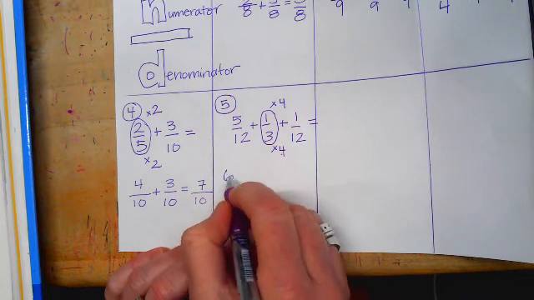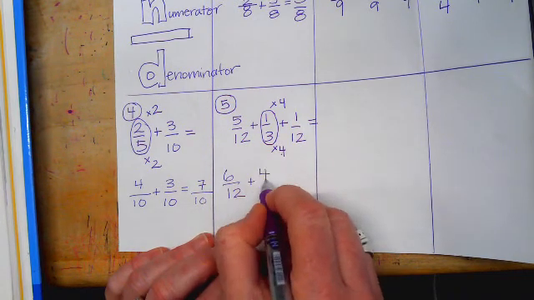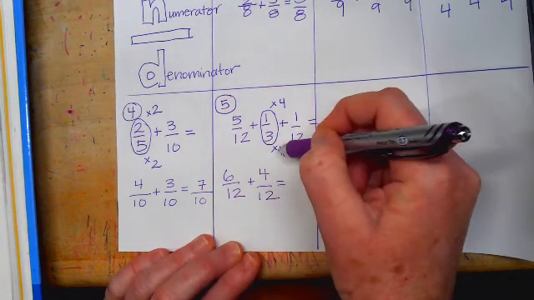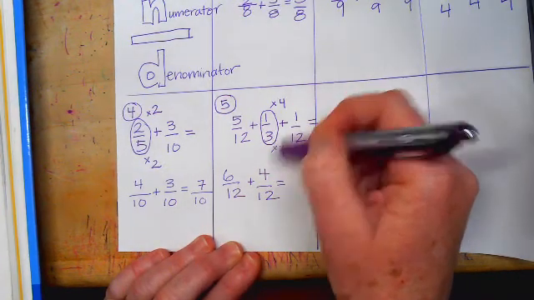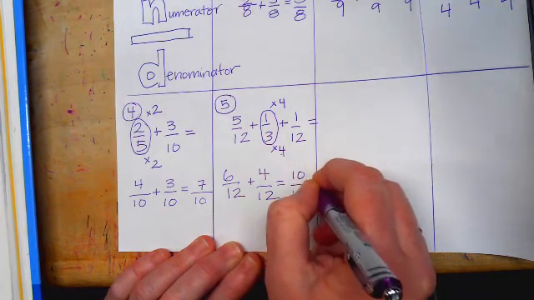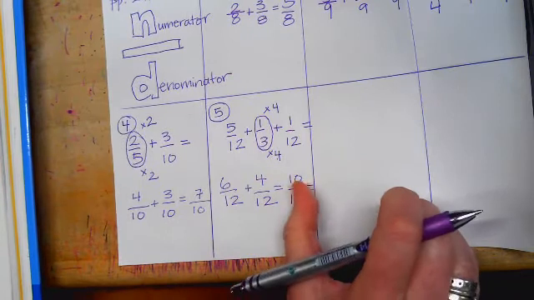We have to be fair. So if I have 5/12 plus 1/12, I have 6/12. And now I'm going to add 4/12 to that, because 3 times 4 is 12, and 1 times 4 is 4. And now I end up with 10/12.